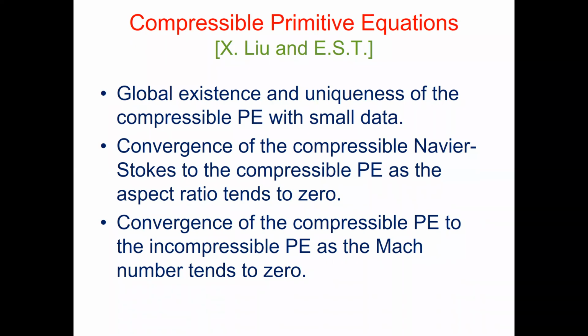In fact, one has to look into the compressible Navier-Stokes rather than the incompressible Navier-Stokes. And of course, you have to couple it to the temperature first, as we did with Tsao. So there is a scientific program that I've been carrying out with my former postdoc, Xin Liu, about trying to see what we can do about the compressible primitive equation.